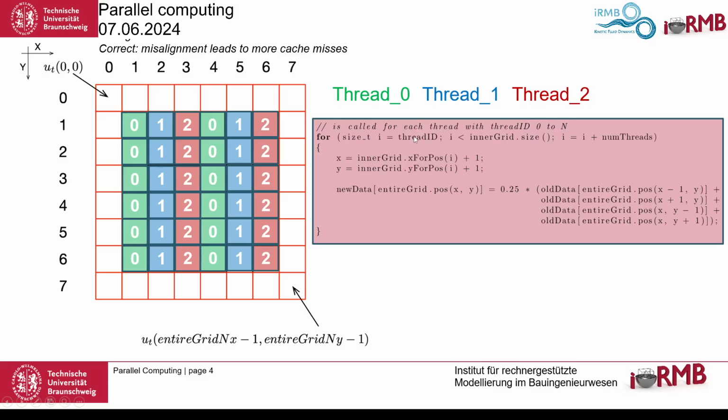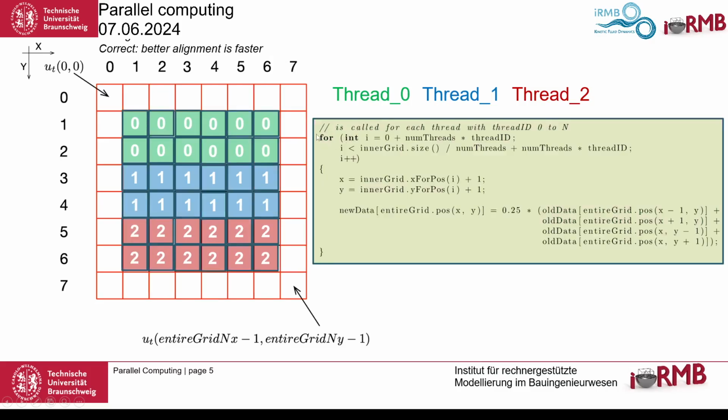And this was faster only because the other implementation, where you go along the array, was implemented in the wrong way. So the correct way is not to use inner grid size, but inner grid size divided by the number of threads plus the number of threads times the thread ID. Yeah, so this basically was the mistake.